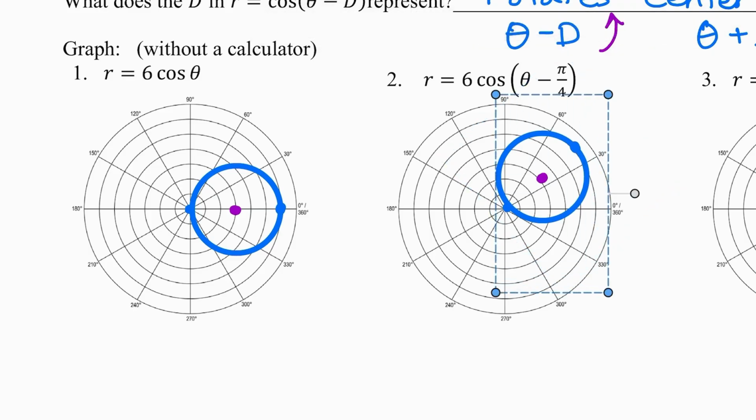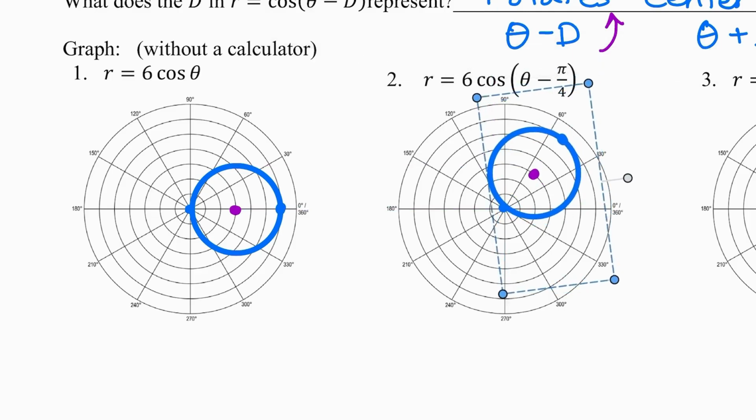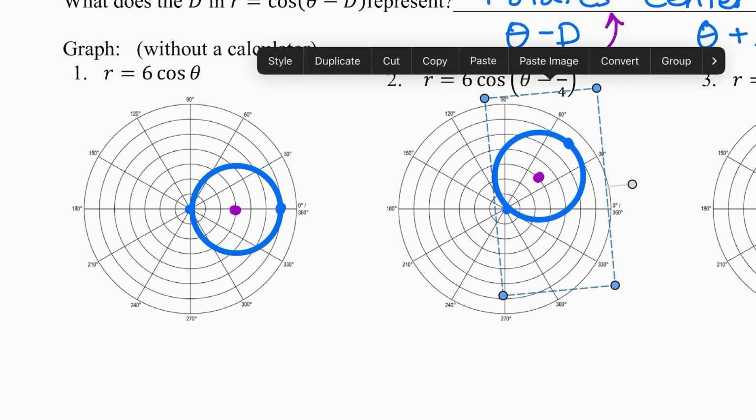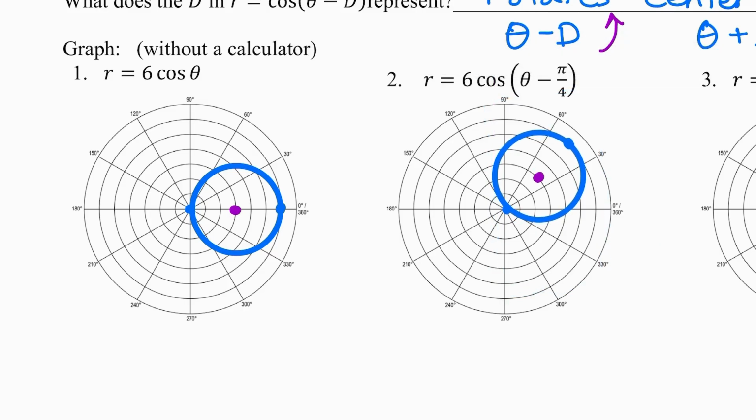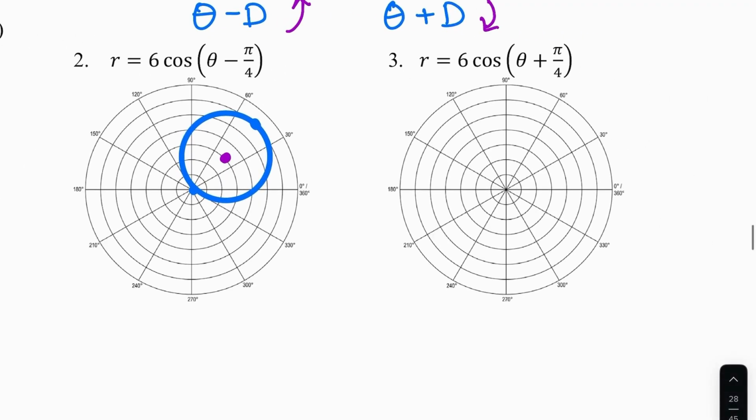I'll rotate it a little bit more. Not quite. There it goes. Probably not the best thing, but what I wanted to show y'all in this video is that it rotated 45 degrees in the counterclockwise rotation.